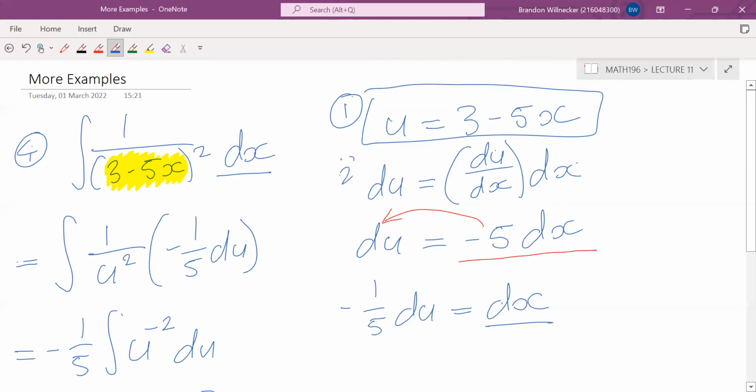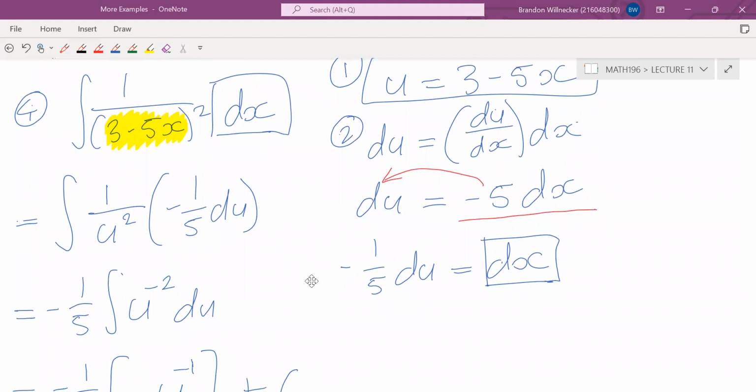That is step 2. du is equal to the derivative of u with respect to x times dx. What is the derivative with respect to x? That's going to be minus 5. But if we look back at our original expression, there is no minus 5 dx. We only have dx. So we need to take this minus 5 and move it to the other side. So we get minus 1/5 du is equal to dx. Now dx is by itself, which is exactly what we had in the original integral.